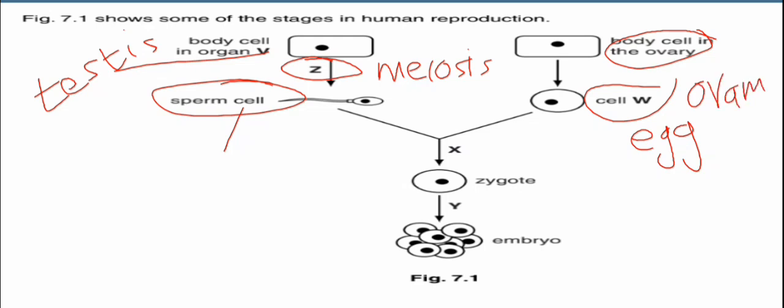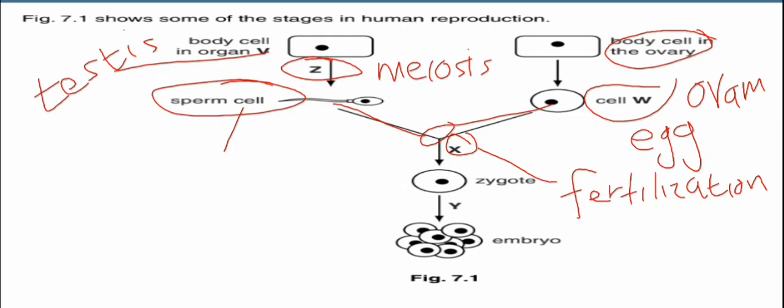Now when these two are brought together, the sperm and the egg are fused together, they are going to undergo process X. And this process we are going to call fertilization. Once fertilization occurs, the zygote is going to be formed.